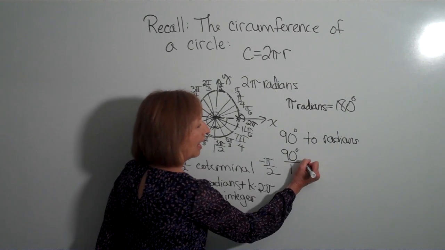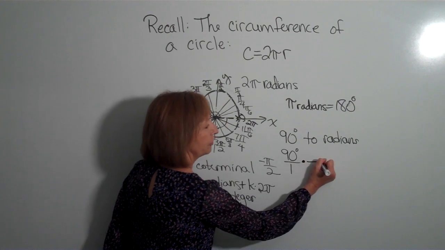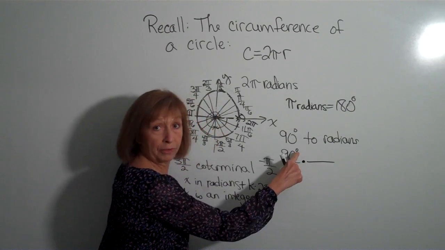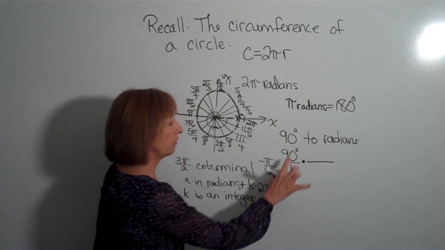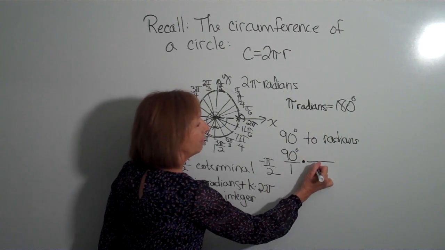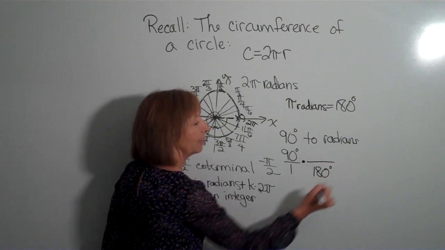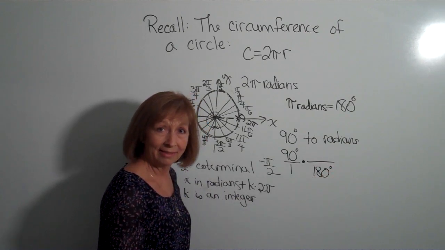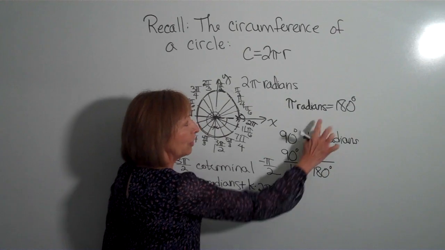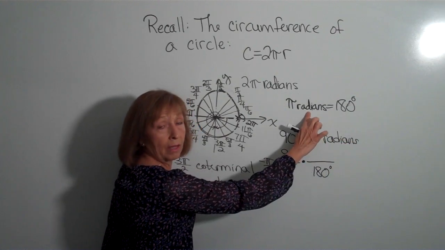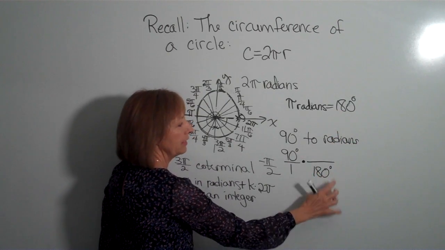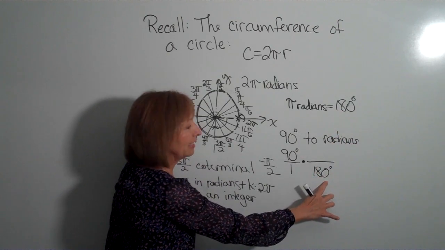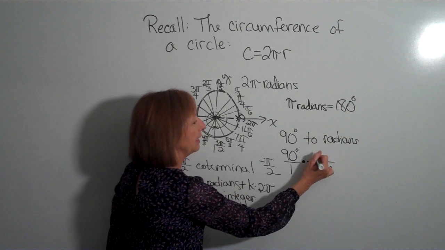So here, I can multiply this by the conversion factor. The degrees are in the numerator right now, and I don't want degrees, I want radians. So if they're in the numerator, I have to put the degrees in the denominator to get them to cancel. I know that 180 degrees is worth pi radians, so I put a 180 degrees down there, and its equivalent is pi radians.